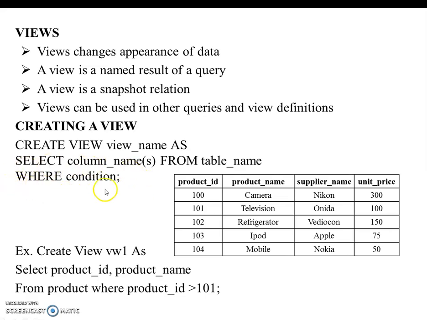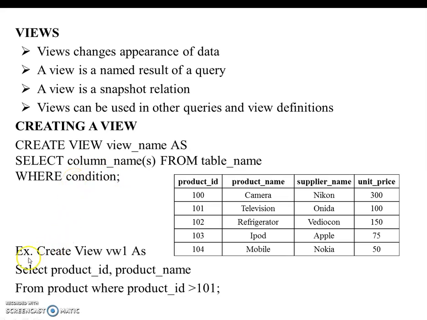This condition is important, because the rows you are going to take within your view are determined based on this condition only. So out of those 5 tuples or 5 rows, I can have only the rows as per the specified condition.